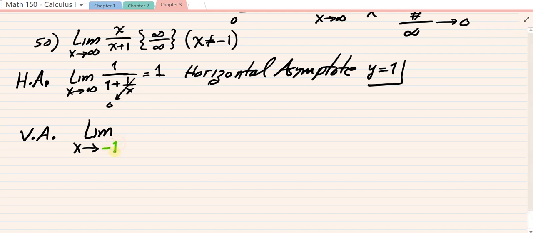And that number is going to be negative 1, the point of discontinuity. And of course we're doing it for x over x plus 1. Now this limit, we're going to approach negative 1 from the right.